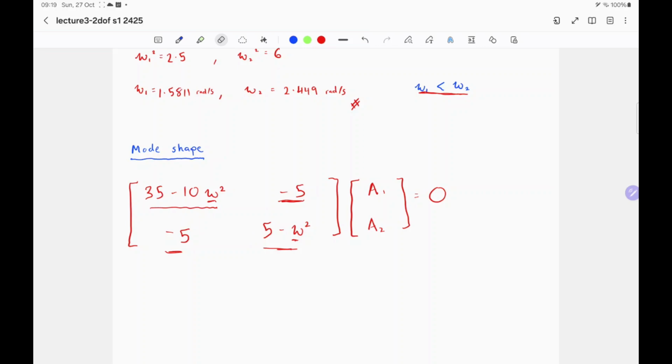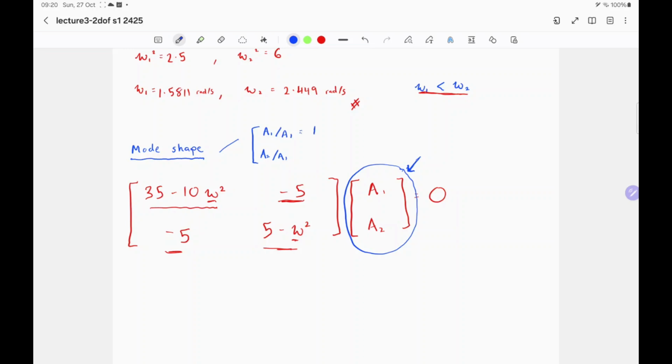Okay, so what is the mode shape? Mode shape is actually derived from the A1 and A2. It is A1 over A1 and A2 over A1, meaning that the mode shape is relative to A1.